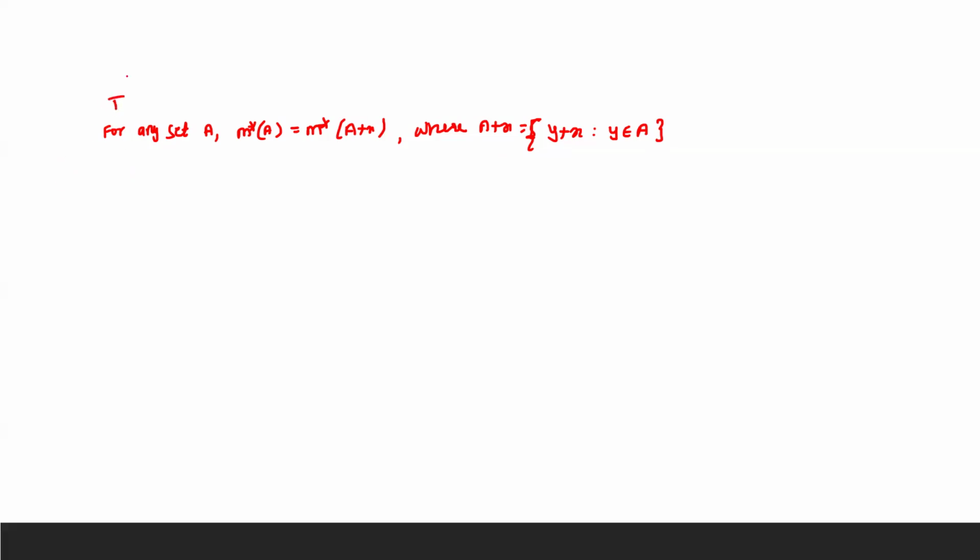This property is called translation invariance. The outer measure of A is the same as the outer measure of A plus x. So now we try to prove this one.